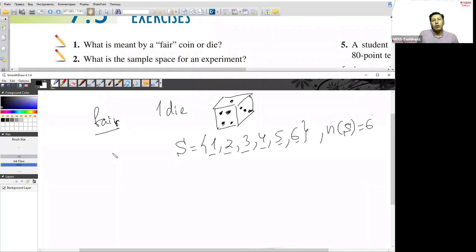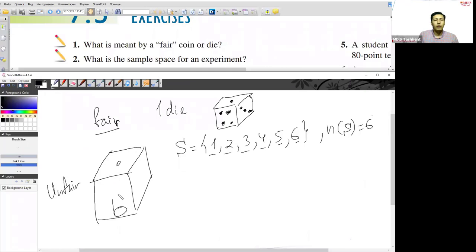Okay, let's talk about an unfair one. For example, for an unfair die, they drill a hole and put some metal, the heavy one.